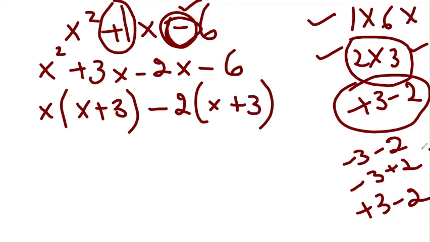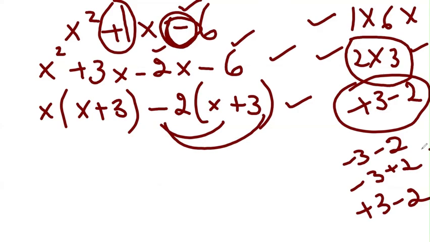Okay, if you're confused with this, you can go one step behind. You can start from here and you will get this. So minus 2x, yes, you are getting minus 2x. And then minus 2 multiplied by plus 3 will give you negative 6. Always go one step backward. You will get the same thing.